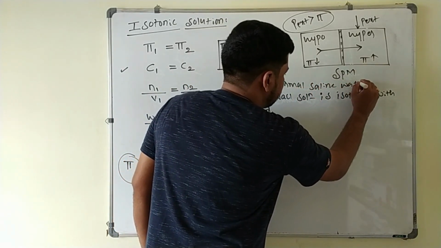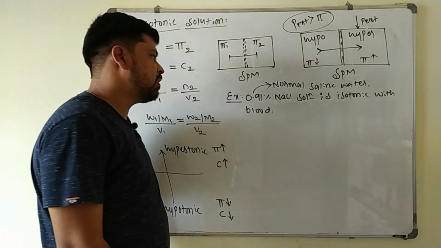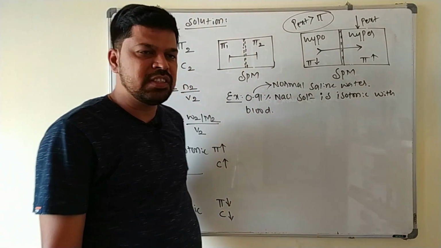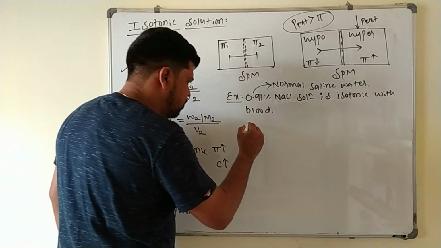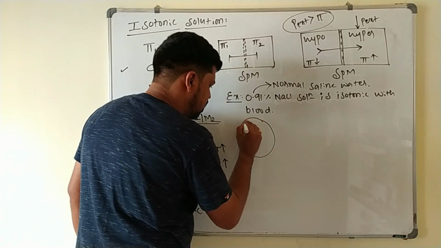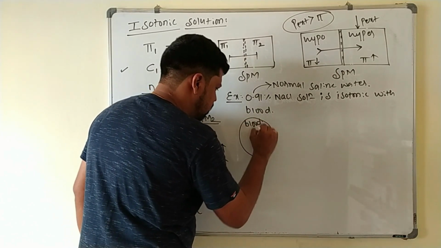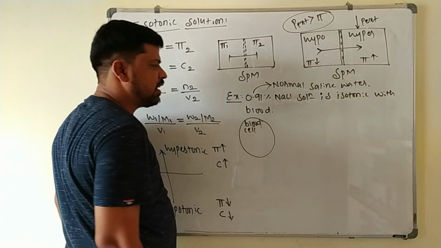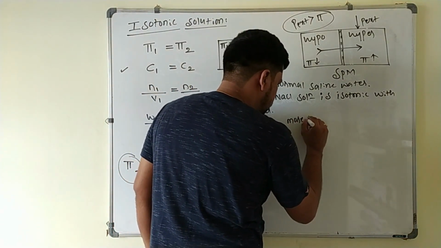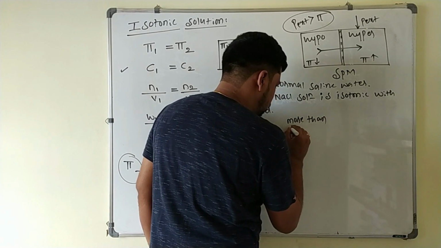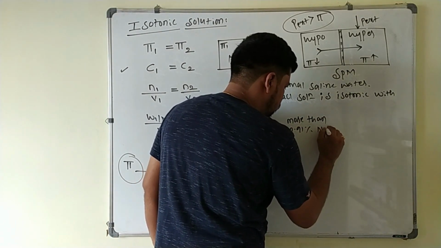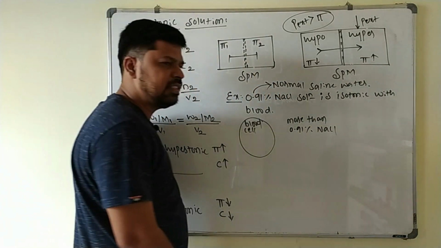Normal saline water. Now we will see what happens whenever the concentration of NaCl is changed with respect to the fluids that are present in the blood cell. Now you see here, suppose this is your blood cell. Whenever the blood cells are kept in a solution which is having concentration more than 0.91% of NaCl.